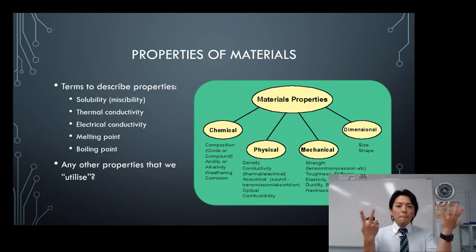For example, a mesh will have a mechanical sort of property, but on a much bigger scale instead of something small like chemicals, molecules, and so on. Dimensional, what sort of property could that be? So maybe list down 3 things, 3 other properties that we utilize in our daily lives.